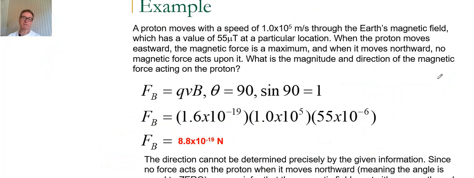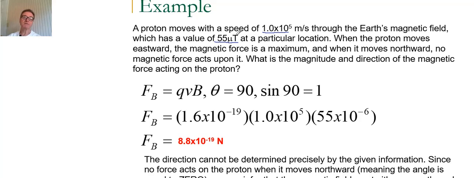All right, so let's do an example. Say I want to find the magnetic force on a proton that is traveling through a magnetic field, and the magnetic field is the Earth's magnetic field. The proton is moving with a velocity of 1 times 10 to the 5th meters per second. It's moving through the Earth's magnetic field, which is typically about 55 times 10 to the minus 6 Tesla, or 55 microtesla.